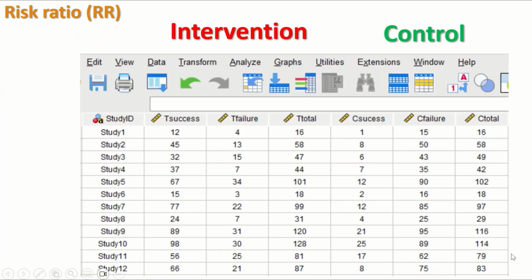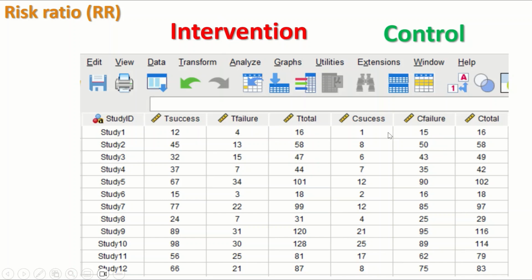Here I have inserted data for 12 studies investigating the efficacy of a drug on treating a certain condition, and the following scores were included. Each study had segregated the participants into an intervention or treated group and a control, and the number of events occurring in the intervention is counted, and the number of no events is counted, and the total number of participants is also calculated for the intervention.